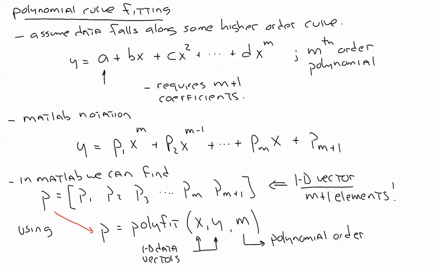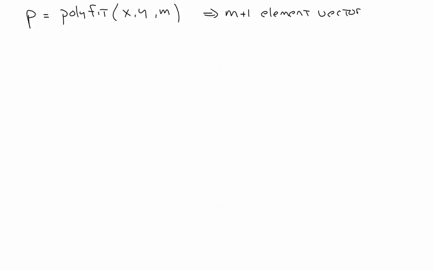Our best fit curve is then found using the polyval function in MATLAB. Let me remind you: P equals polyfit(x, y, m) yields an m plus 1 element vector of best fit coefficients.